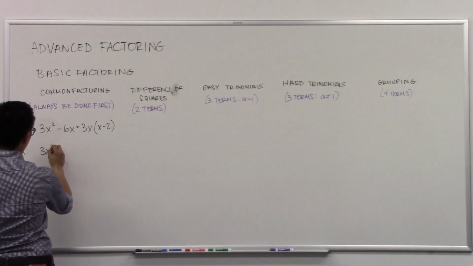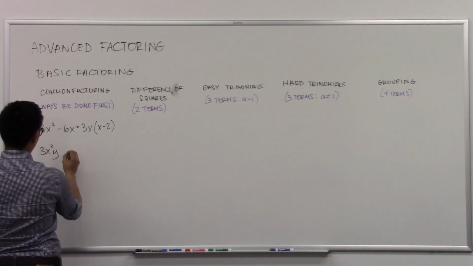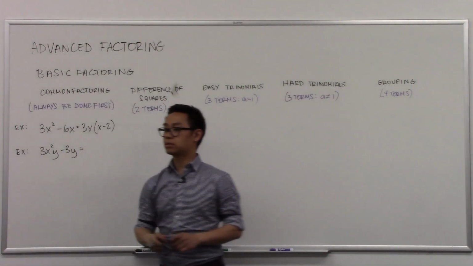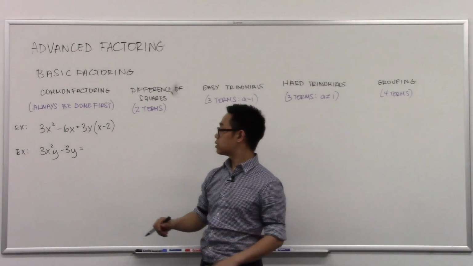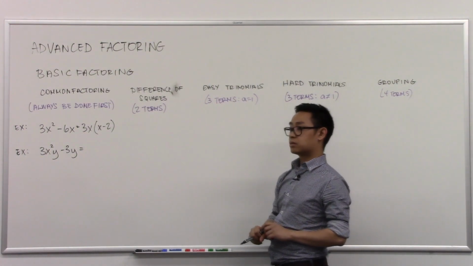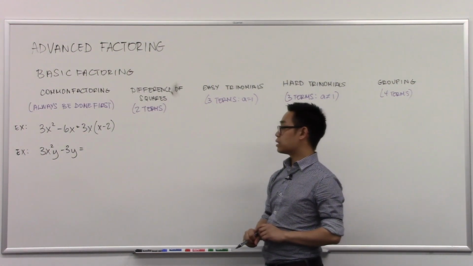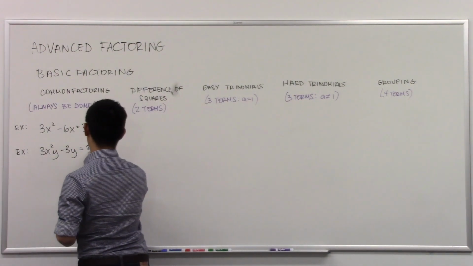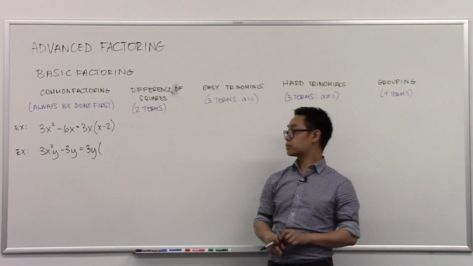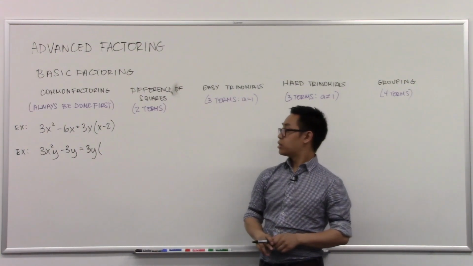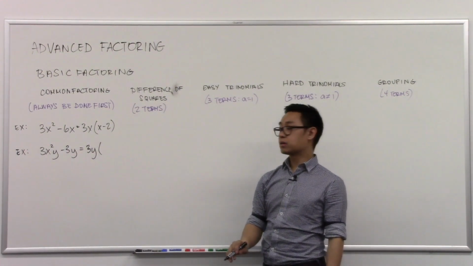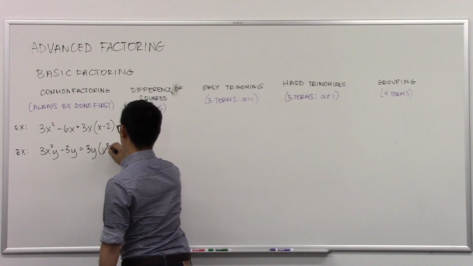Okay? Next, very common mistake. If I give you 3x squared y minus 3y, what is in common in this case? Yes, you can pull out a 3y. When you pull a 3y out of this, you're left with x squared.